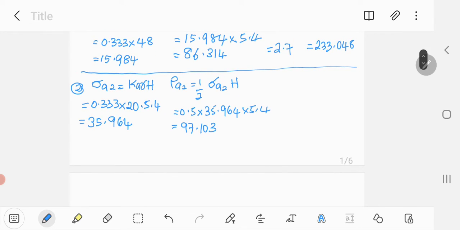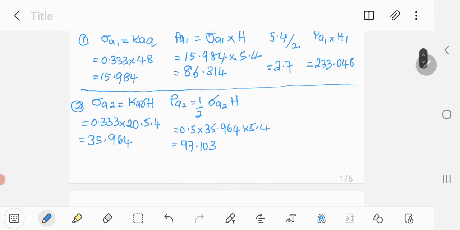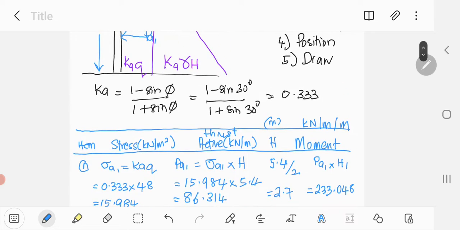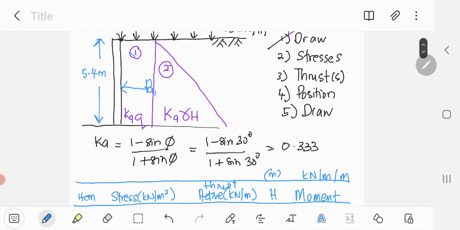Okay, then what we need to calculate is the position. So position now. Right now it is a triangular section, so you must put the arrow there, which is at one third of the height.